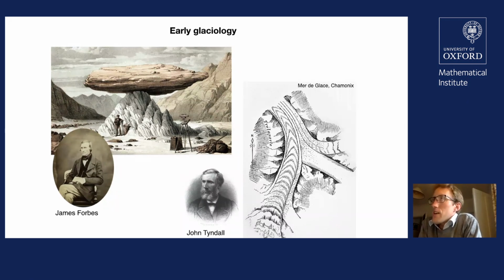It was obvious that the ice was moving. So this is a sketch on the right that you see of the Mer de Glace, which is coming down from Mont Blanc. Some of you may have been there. And it's got these really nice patterns of dirt on the top of it, which they observed, and which could really make it look like it's flowing.